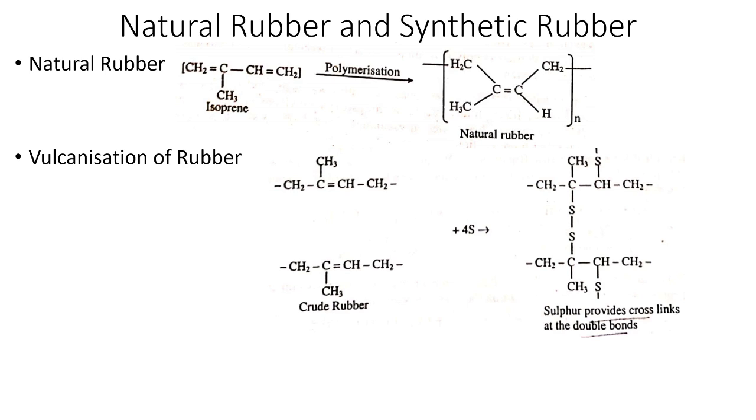So such sulfur sources are added, and these sulfur atoms are used for cross linking of the natural rubber polymer chains, and these cross links can be easily broken down and easily formed.